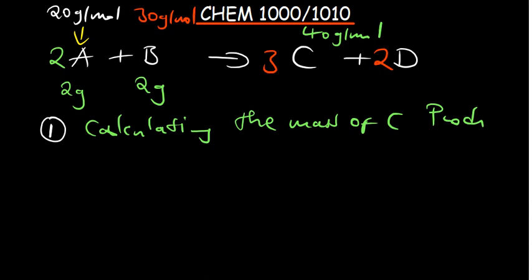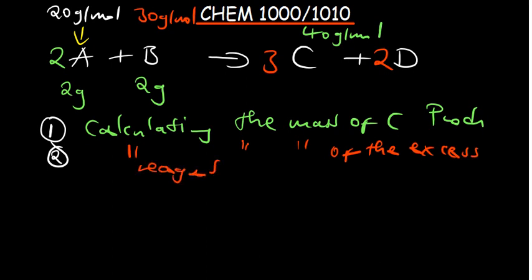Maybe a second question is: calculate the mass of the excess reagent, the one that is unused or doesn't react. I think these two questions are very, very cardinal for us to understand the mole ratios.